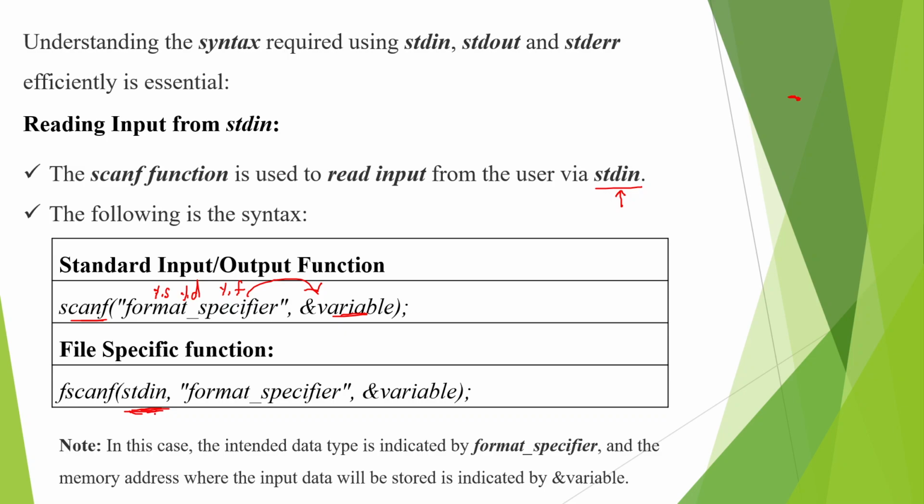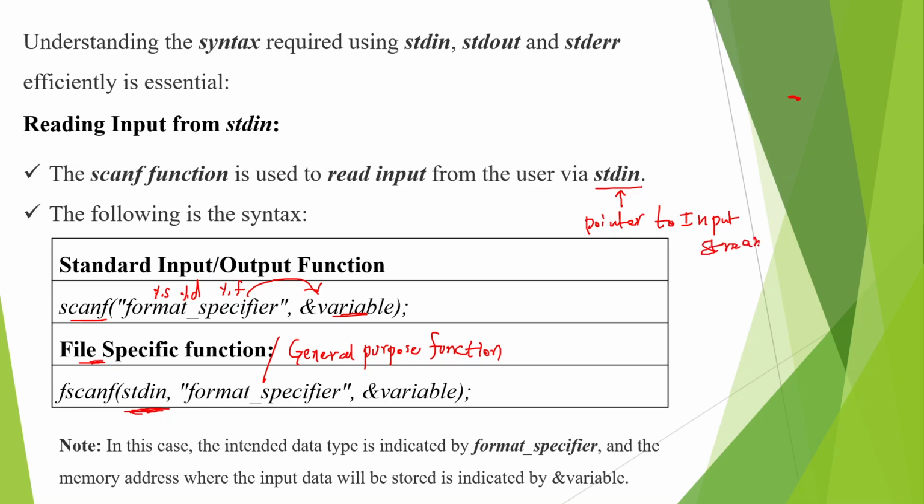It is used to read data from a file, because it is a file-specific function. But you can make this file-specific function a general-purpose function if you add the pointer to your input stream. What is the pointer to the input stream? stdin.